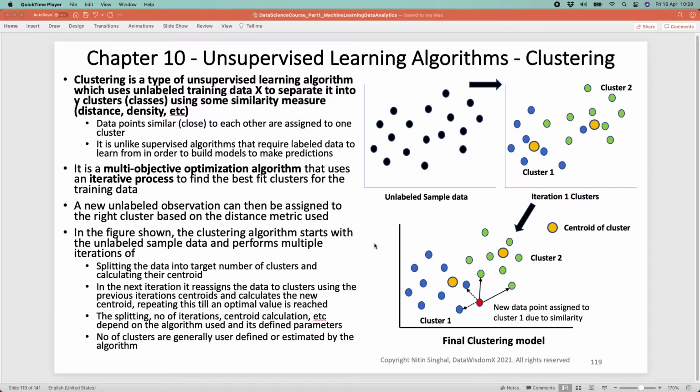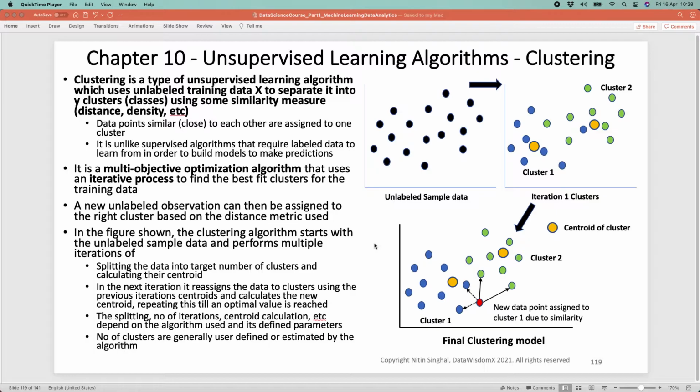So similarly, you have clustering algorithms which look for similarity in the data and then accordingly try to segregate them into different clusters. So it's an unsupervised learning algorithm and it uses unlabeled training data. So it only has the X independent variables and then it predicts its own Y output clusters or classes.